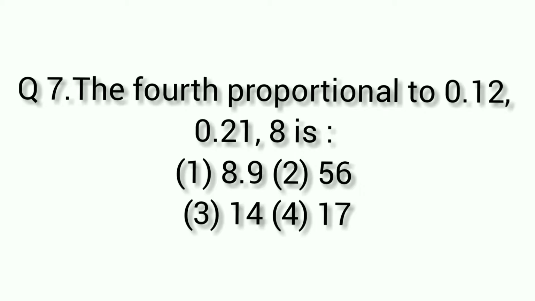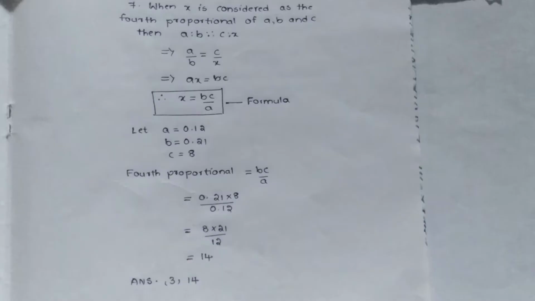In this question, the fourth proportional to 0.12, 0.21, 8 is asked. So here we have to find the fourth proportional. Before finding it, let's see the formula for the fourth proportional. For A, B and C, I have considered X as the fourth proportional.